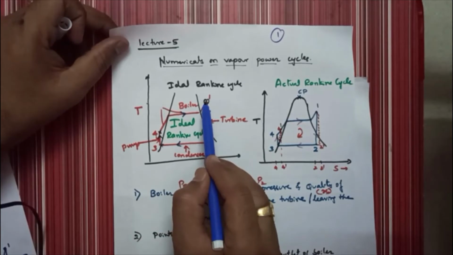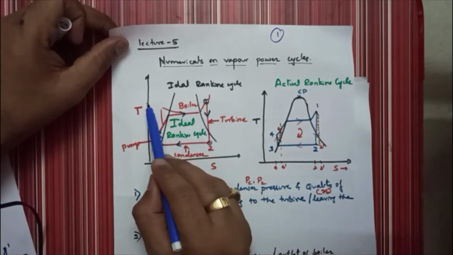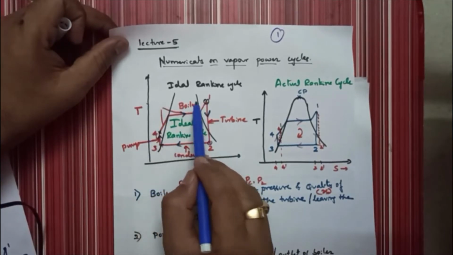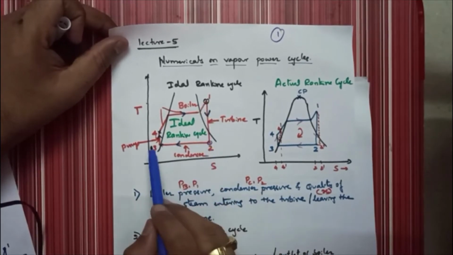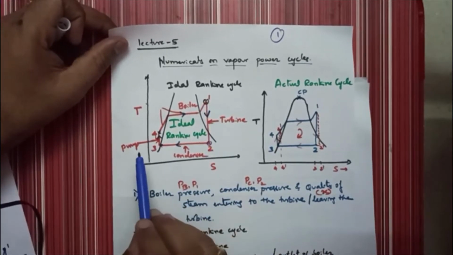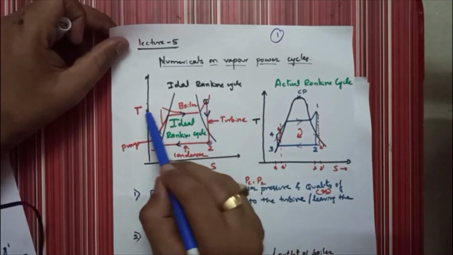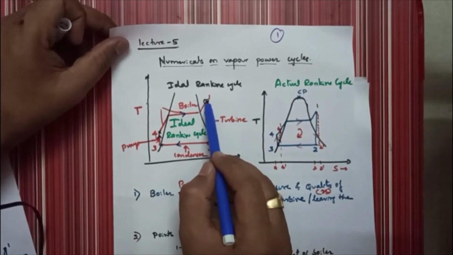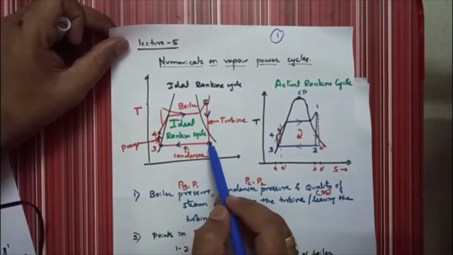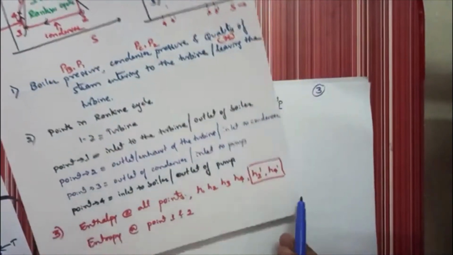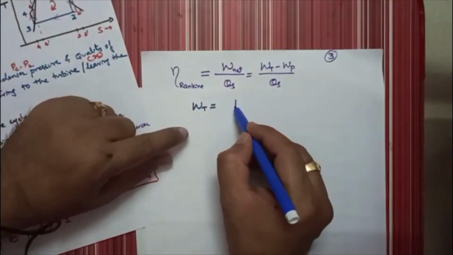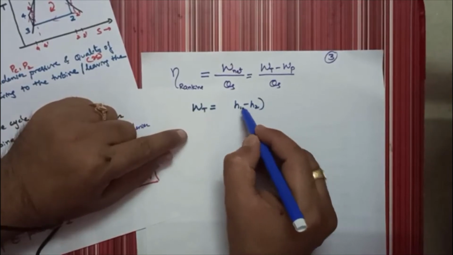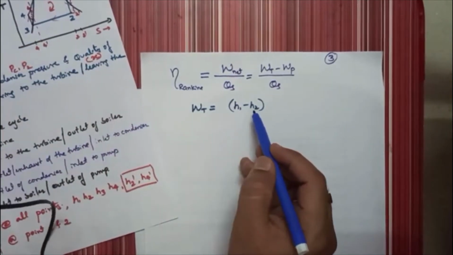So enthalpy at point number 1 and enthalpy at point number 2. So here in the turbine, if you take the difference of highest enthalpy minus lowest enthalpy, you will get the work done by the turbine. So H1 minus H2, highest enthalpy minus lowest enthalpy.